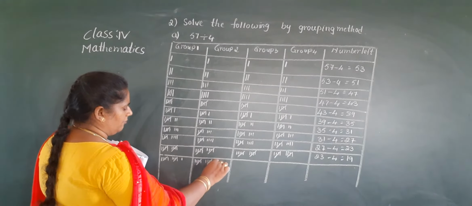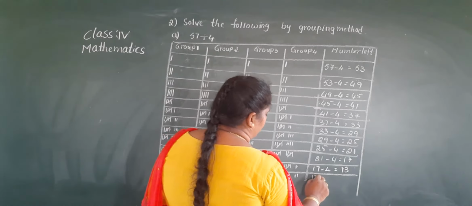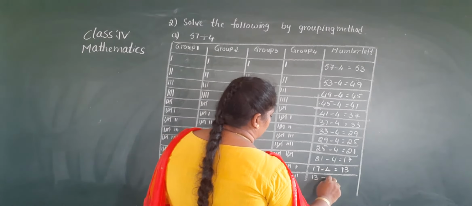Okay, here remaining is 17. So in this 17, again if you subtract 4, it becomes 13. Okay, is it clear? And next, so 13, again 1 distribute. Already 12 is there. Okay? So 13 minus 4 is 9.